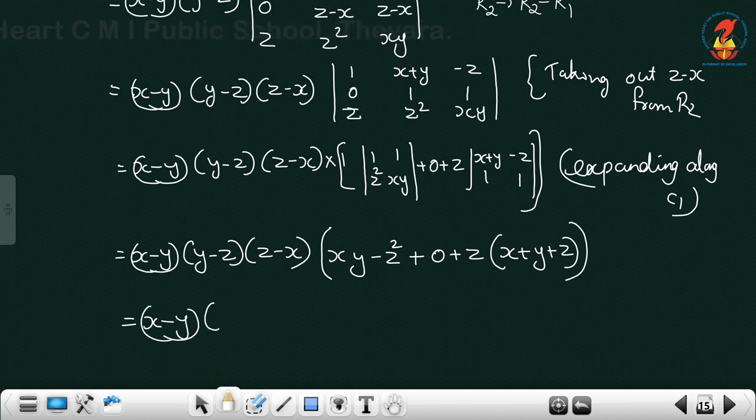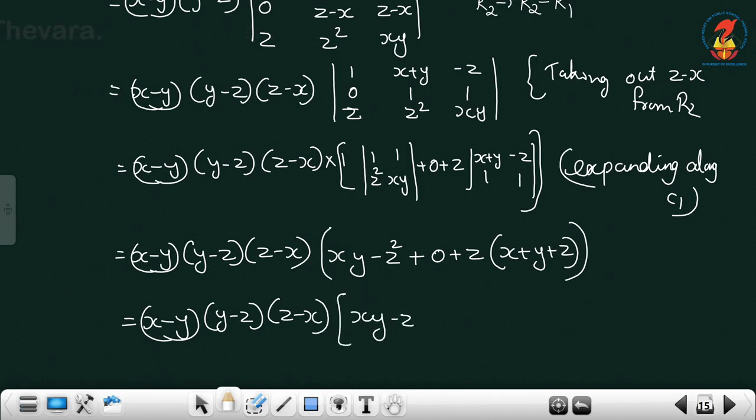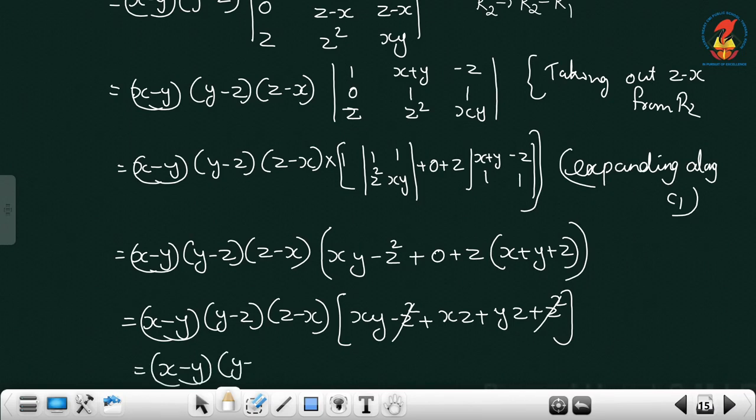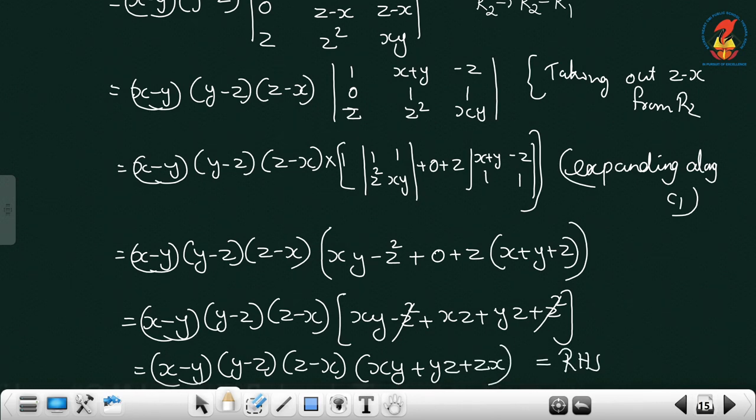X minus y into y minus z into z minus x into square bracket xy minus z square plus xz plus yz plus z square. Z square cancels. So the final answer: x minus y into y minus z into z minus x into, you can write in order, xy plus yz plus zx. So that is given as the RHS.